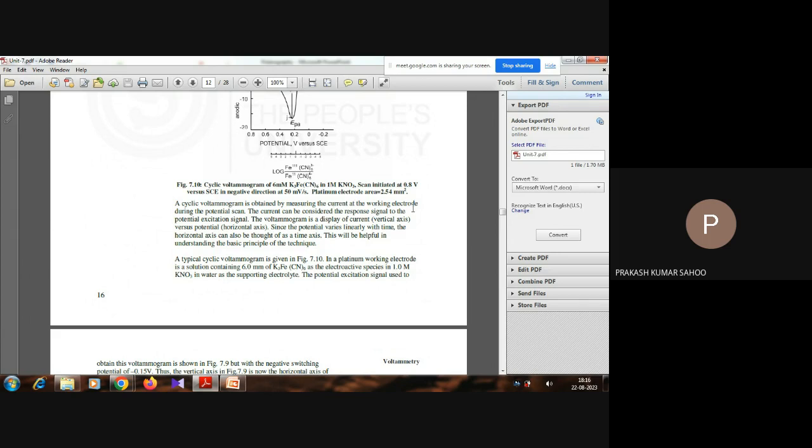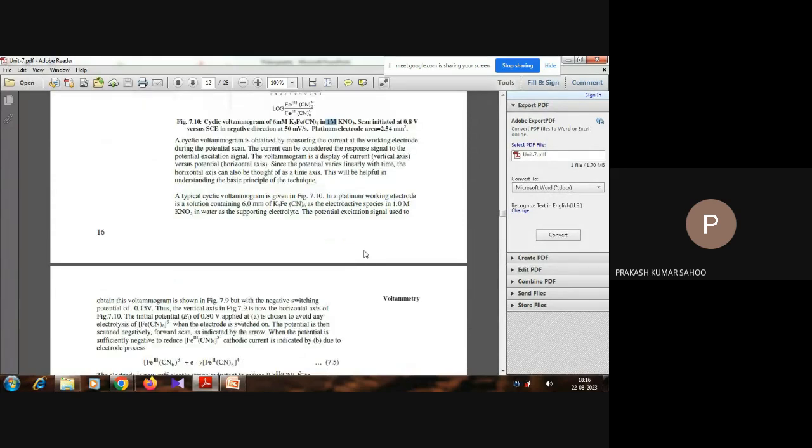And here the platinum electrode area is 2.54 mm square, and the initial potential is 0.8 volt, and we have a concentration of 1 molar potassium nitrate. And we have the analyte, that is potassium ferricyanide, that is 6 micromolar. So these things will be there.